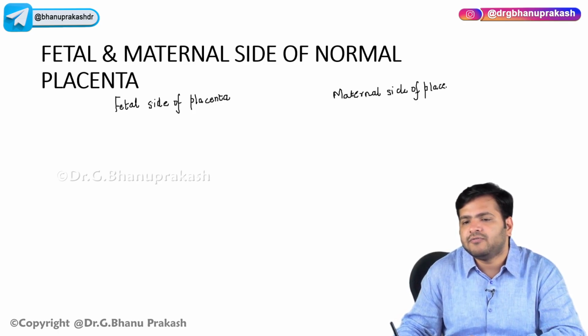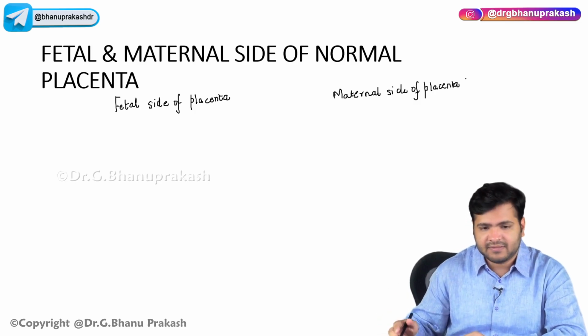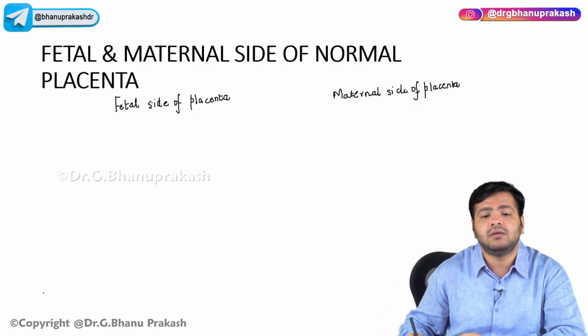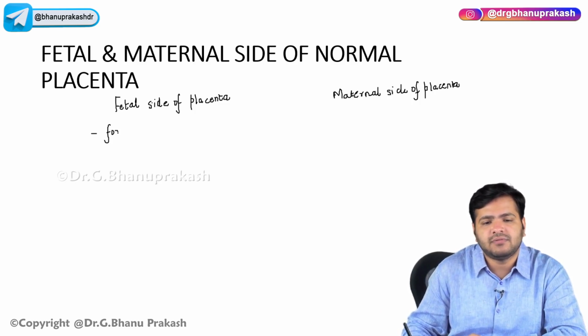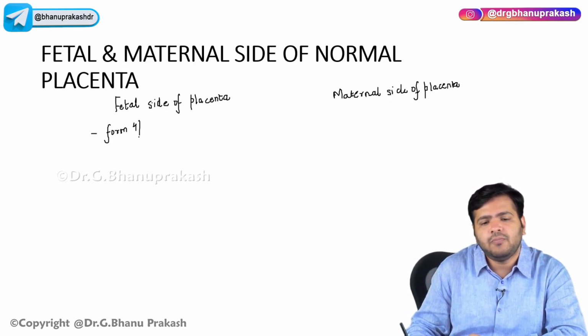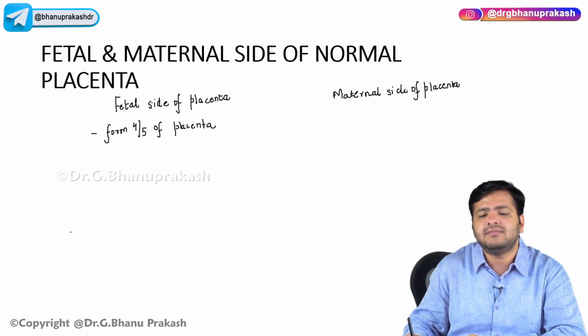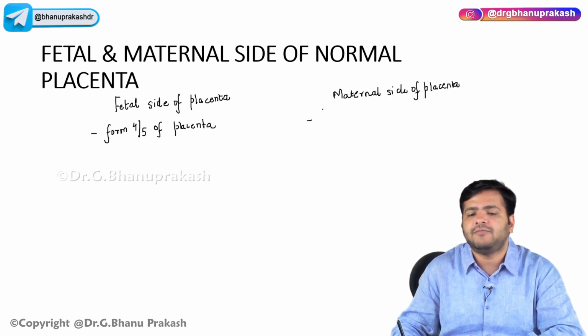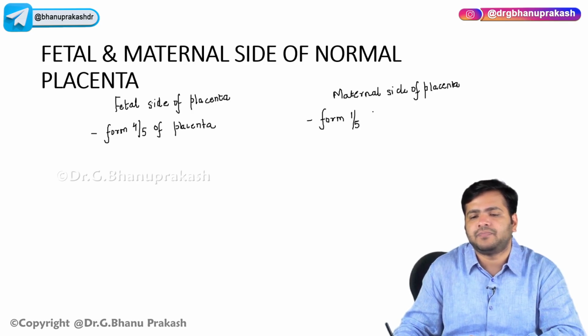Now, the fetal side of the placenta forms 4 by 5th of the entire placenta, whereas the maternal side of the placenta forms 1 by 5th of the entire placenta.